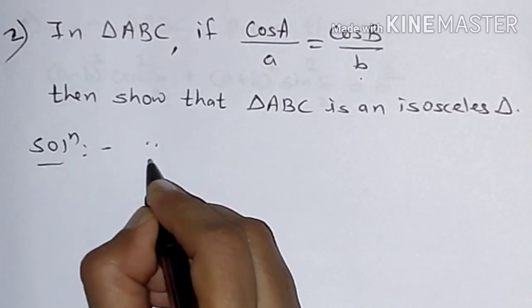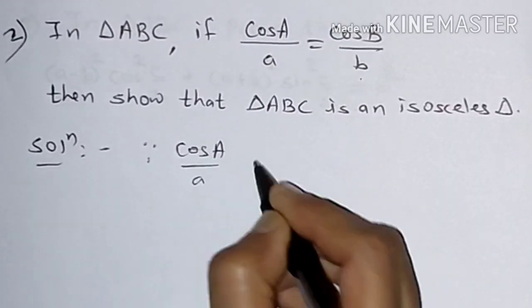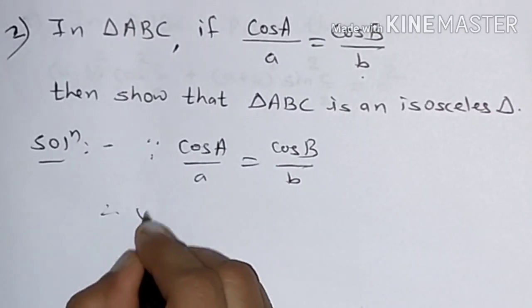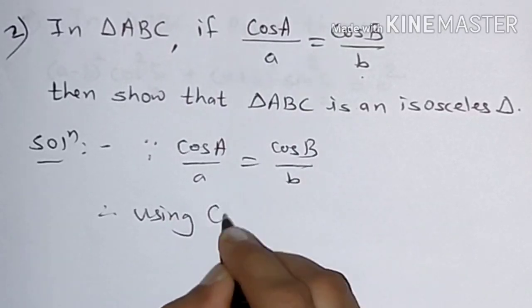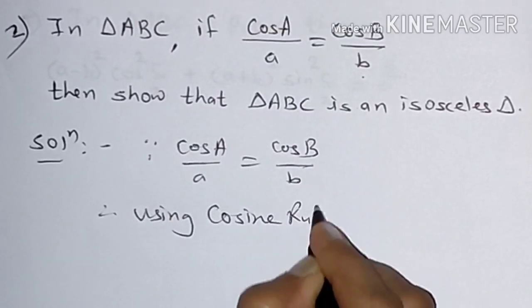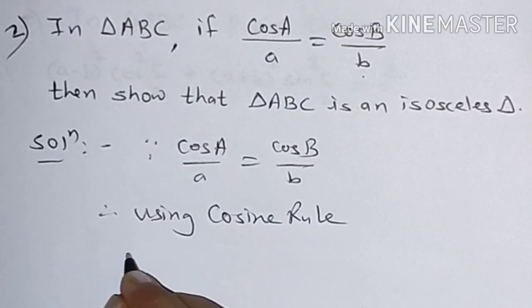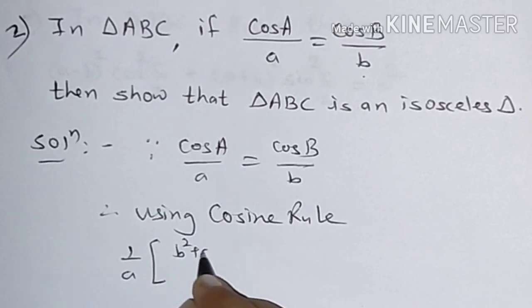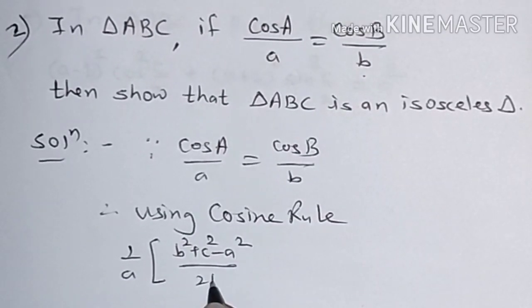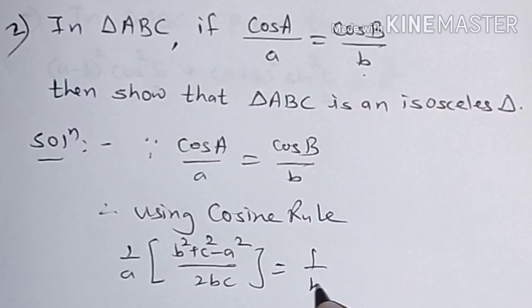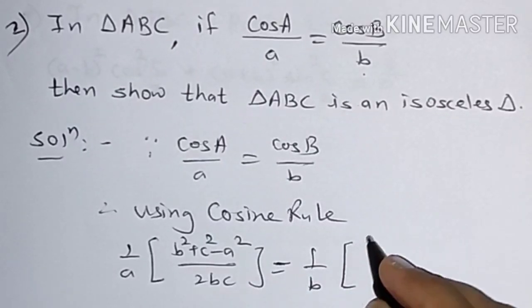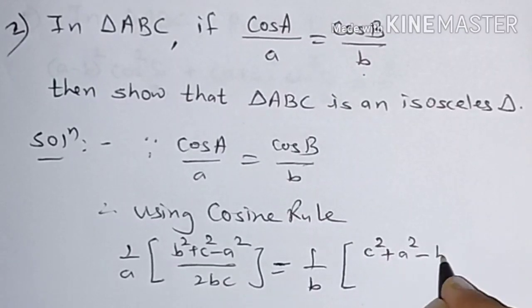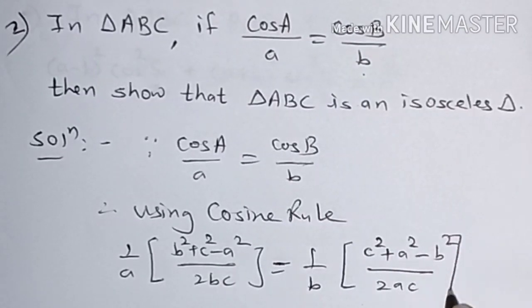Given, since cos A upon a is equal to cos B upon b, using the cosine rule, we get 1 upon a into, substituting for cos A, b square plus c square minus a square upon 2bc, is equal to 1 by b into the value of cos B. Cos B can be replaced by c square plus a square minus b square upon 2ac.